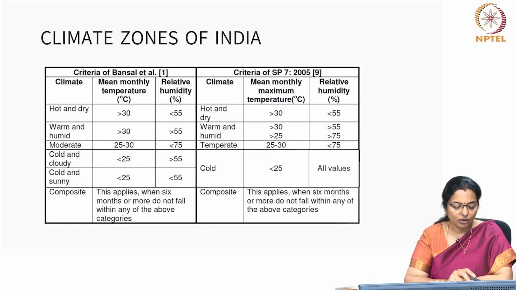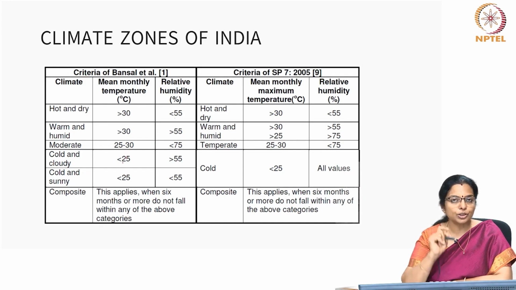Bansal classifies cold and cloudy climate for which the mean monthly temperature should be less than 25 degrees centigrade and the humidity should be greater than 55%. For cold and sunny, the mean monthly temperature should be less than 25 degrees centigrade and the relative humidity should be less than 55%.